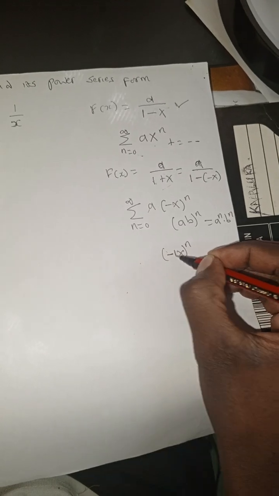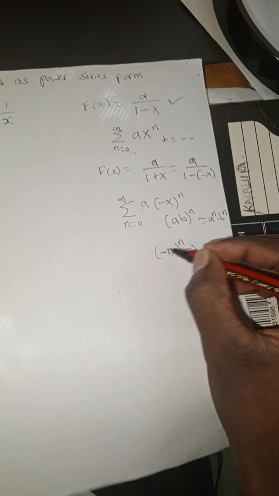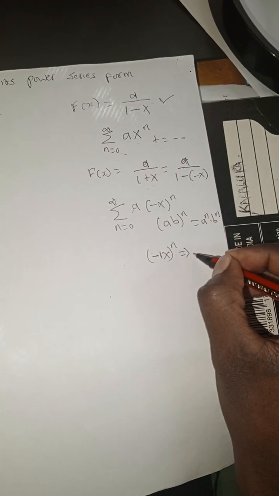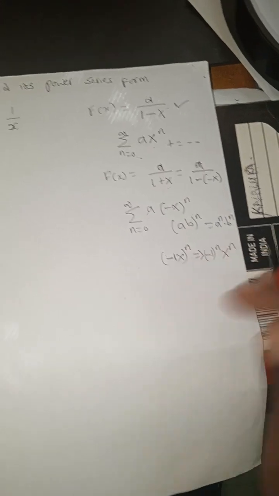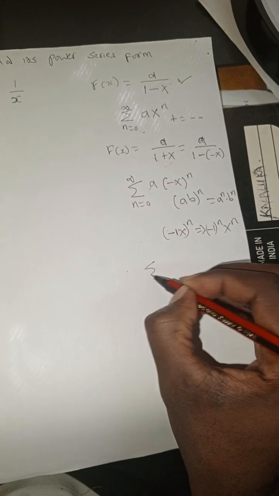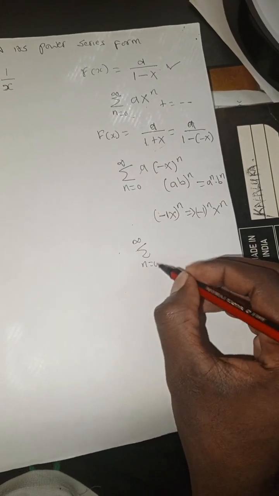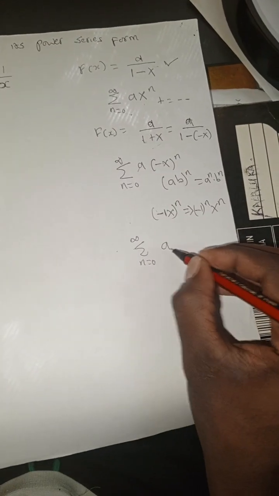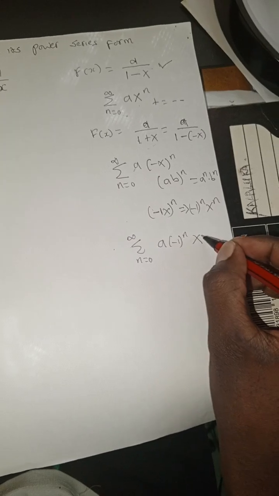It has a coefficient of 1. So I'm going to allocate the n power to 1 and the n power to x. So it's going to be negative 1 to the power n multiplied by x to the power n. So our power series will now turn out to be the sigma notation n goes from 0 up to infinity, a times negative 1 to the power n, x to the power n.